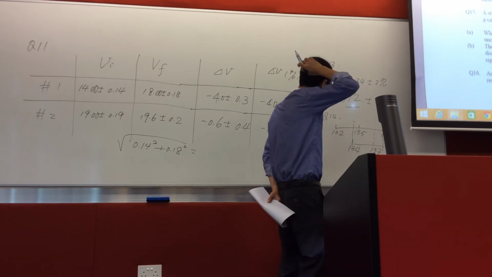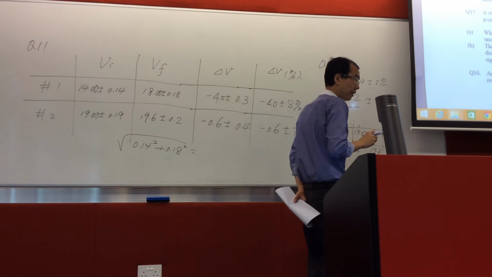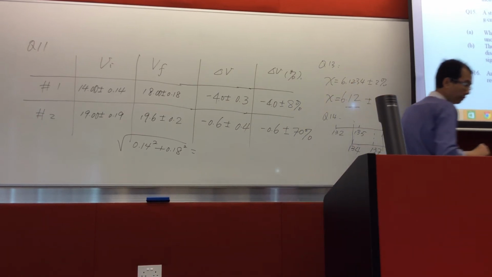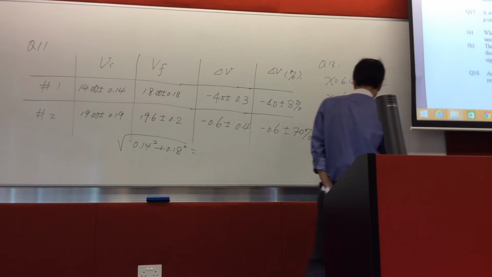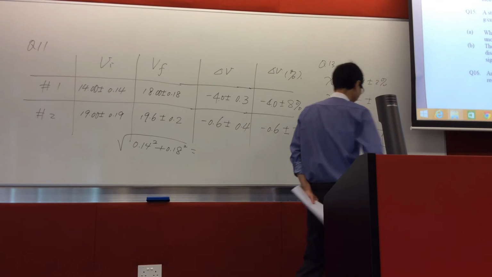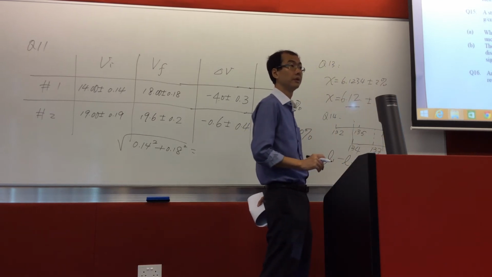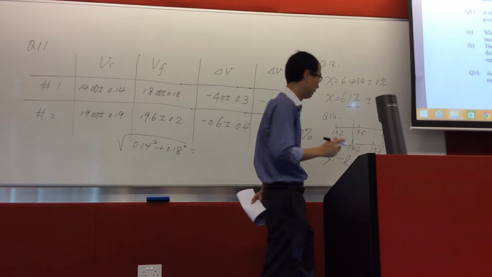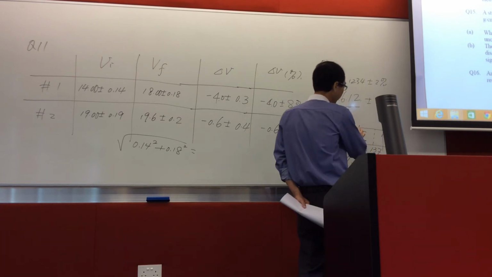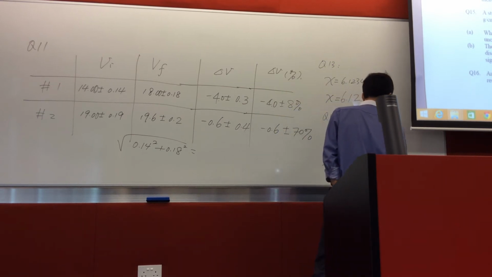You can also look at it the other way, by taking the difference L1 minus L2. The best estimate is 135 minus 137, which is minus 2.